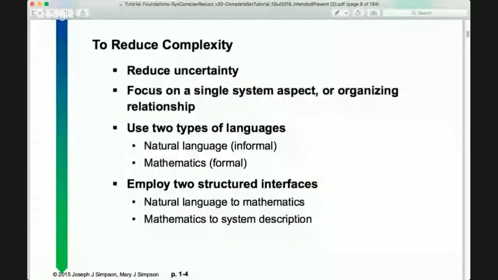So complexity reduction is extremely important in large-scale social technical systems because they have a tendency to be perceived as being very complex. One of the reasons for structural modeling, and for imposing structure on these systems, is to reduce this impression or feeling of complexity by imposing order.